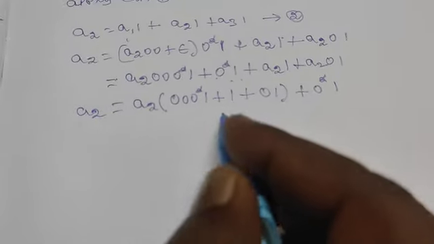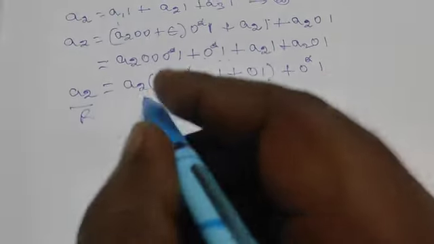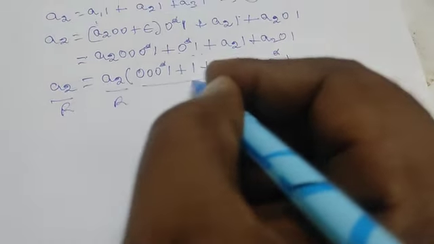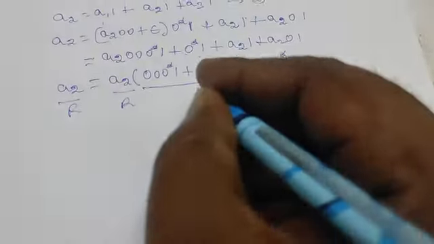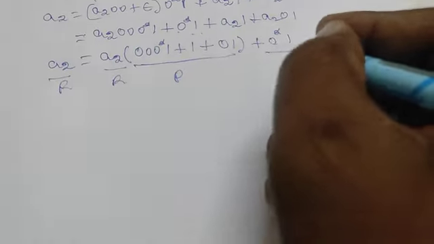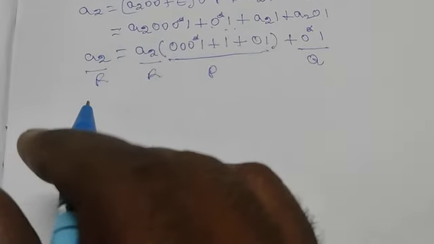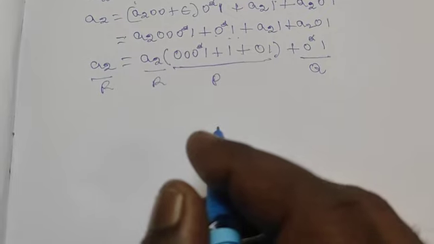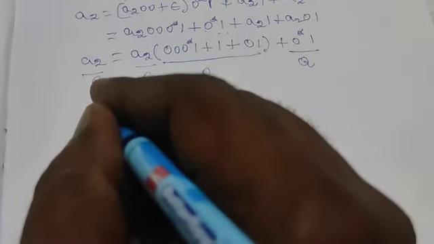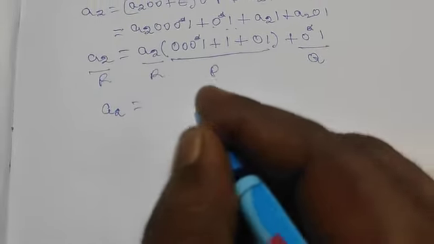Now you just compare with the standard form here. So what is the standard form? This is considered as R, this is considered as again R, and this entire portion is considered as P, and this portion is considered as Q here. Okay, we will reduce it. So how to reduce it? We can reduce it as R is equal to QP star, isn't it? So what is R here? A2 is R. Then what is Q here?